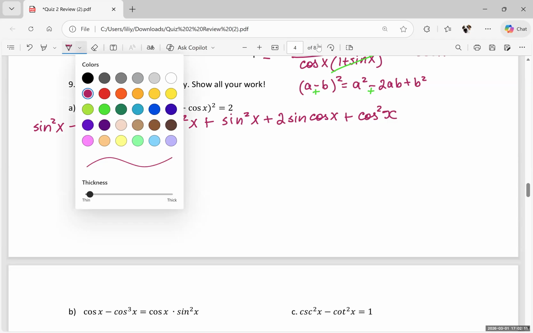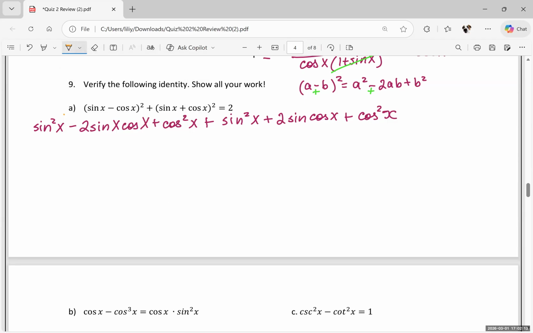Then you need to realize that sine squared x and cosine squared x is 1.